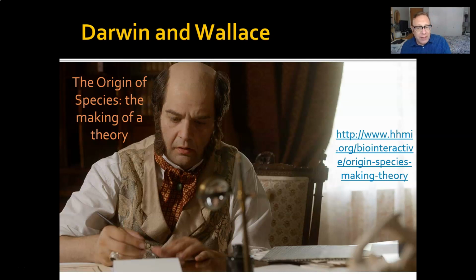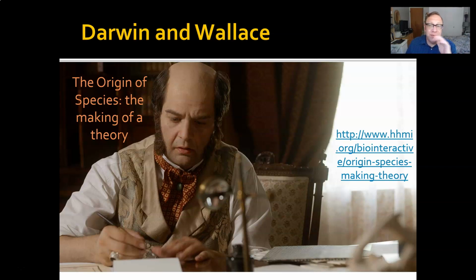To learn more about that, I want you to pause the video and go to the videos and multimedia page for this chapter and watch this movie, The Origin of Species: The Making of a Theory. This is the story of Wallace and Darwin's relationship.